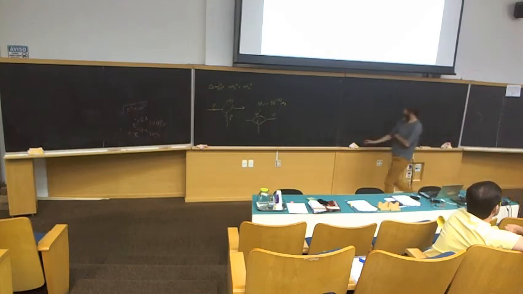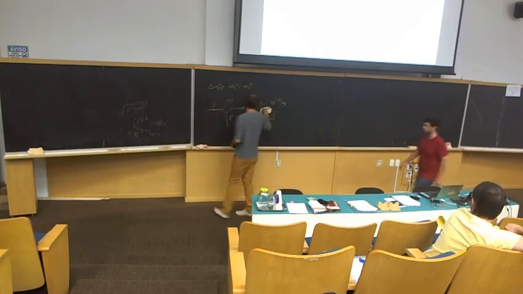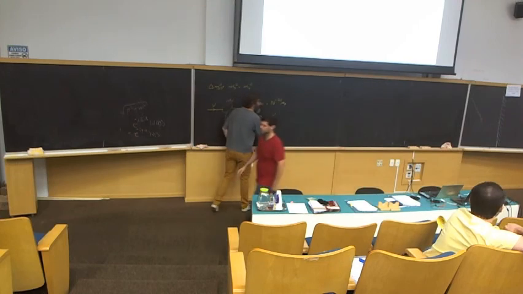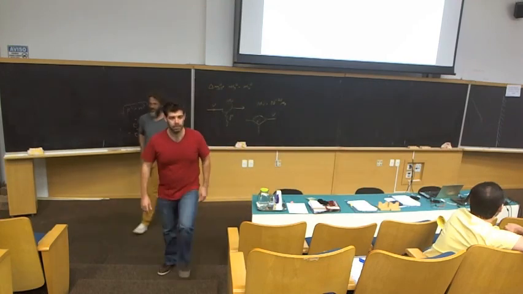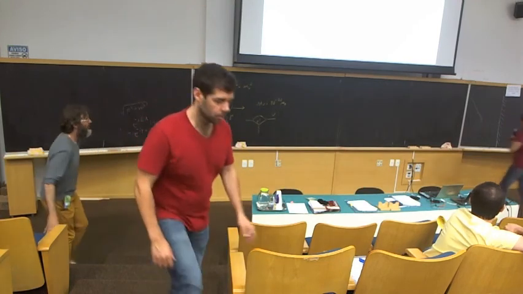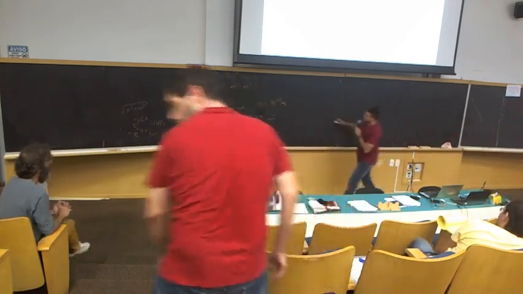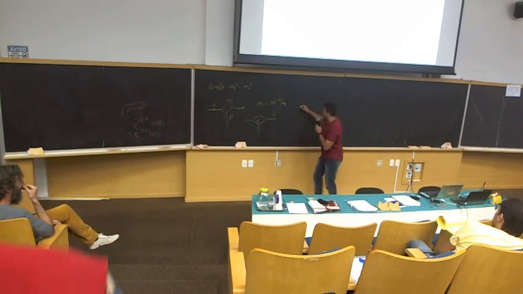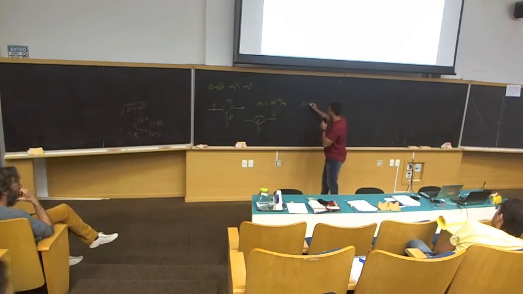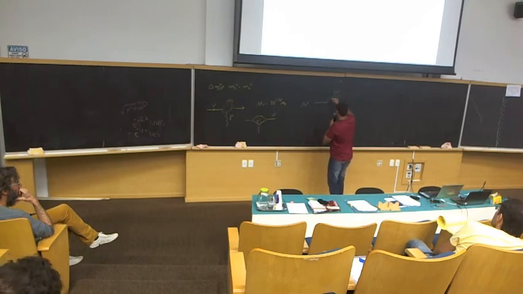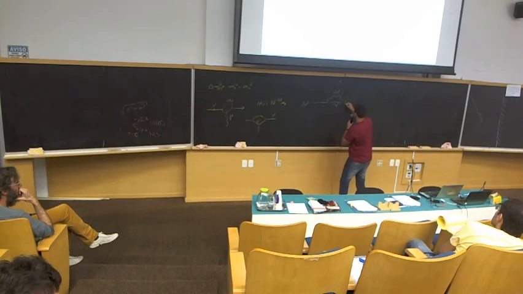I can replace that. So this diagram he drew. Just a second. As Pedro pointed out, the same diagram here contributes to the muon magnetic moment. So you can have this W, and you have neutrino, muon and back.